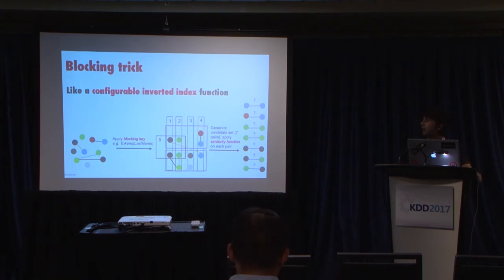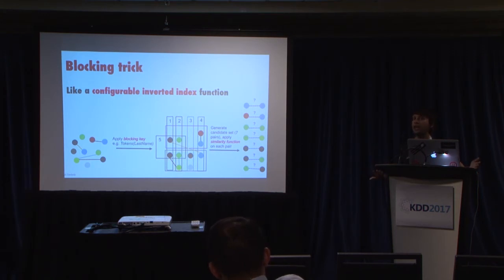And since we do that, we generate a candidate set where we apply the similarity function, the expensive classifier, the collective method, whatever it is, only on the candidate set. In this case, because we only have 7 unique pairs such that both nodes in the pair fall within the same block, we've gone from 45 to 7.